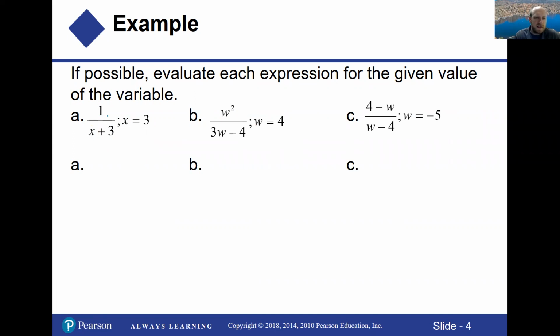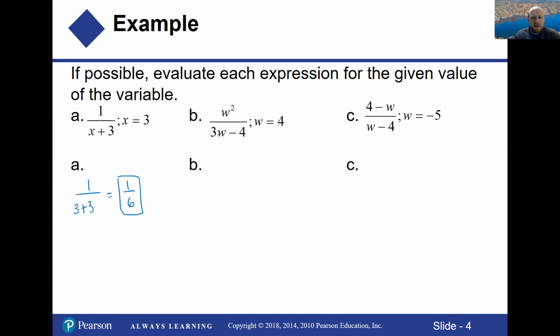Our rational expression here in A is 1 over x plus 3. And they want to know what is the value of this when x is equal to 3. All we have to do is plug in 3 where we see the x and simplify. So we'd have 1 over 6.